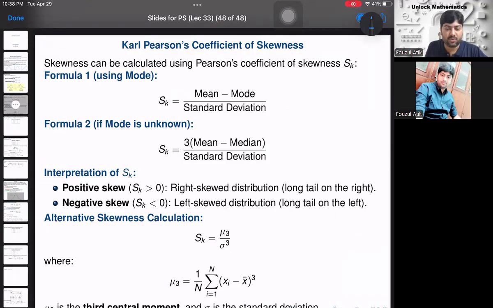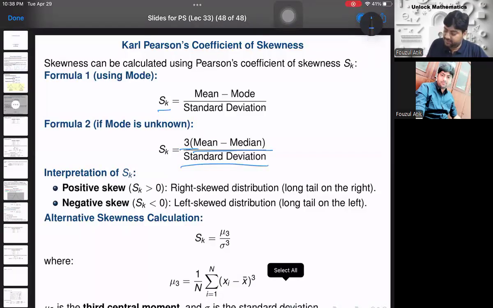One uses the mode: Sk is defined as mean minus mode divided by standard deviation. And if the mode is unknown, then it is 3 times (mean minus median) divided by standard deviation, right?